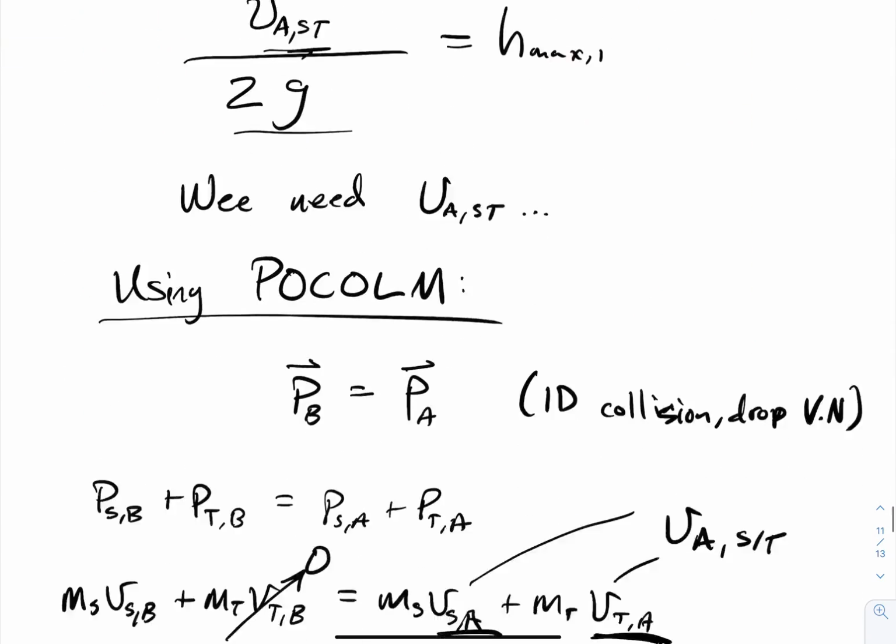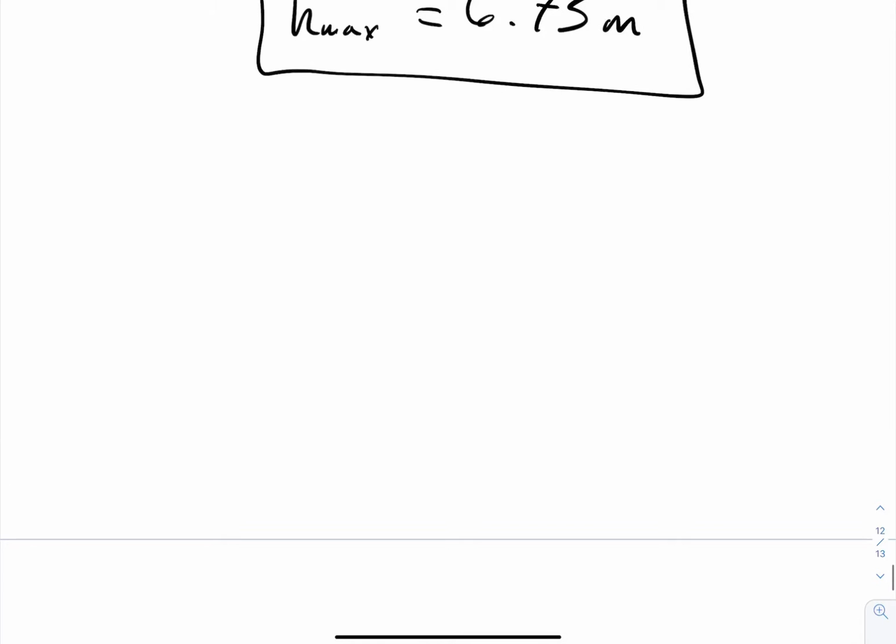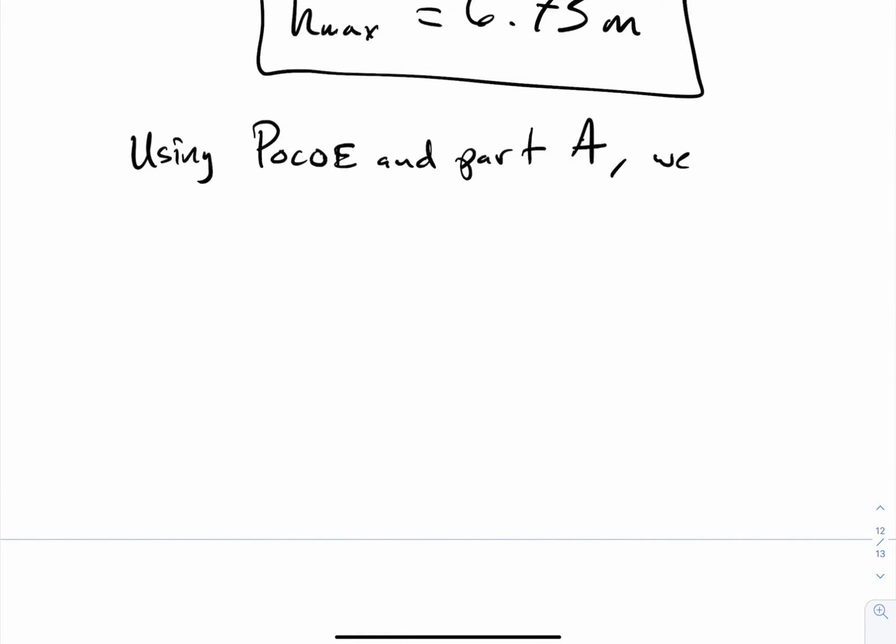And so we could say, using POCO, and part A, we know that the H max 2 will equal VA squared, the velocity, we called it something else, sorry.